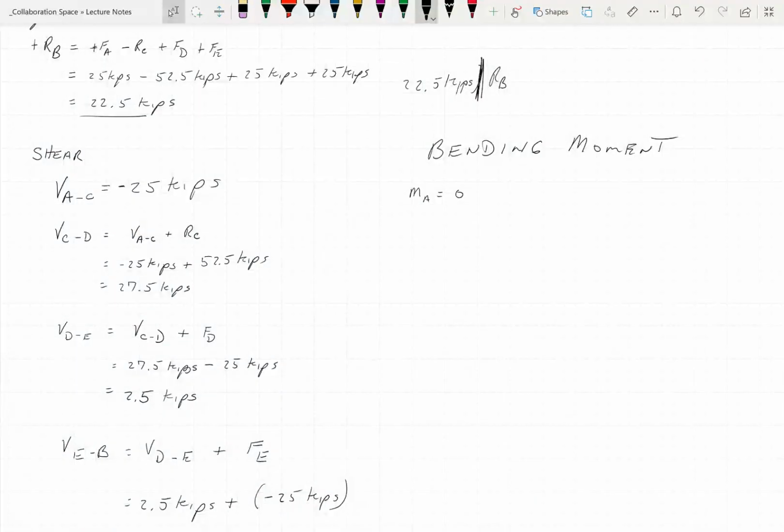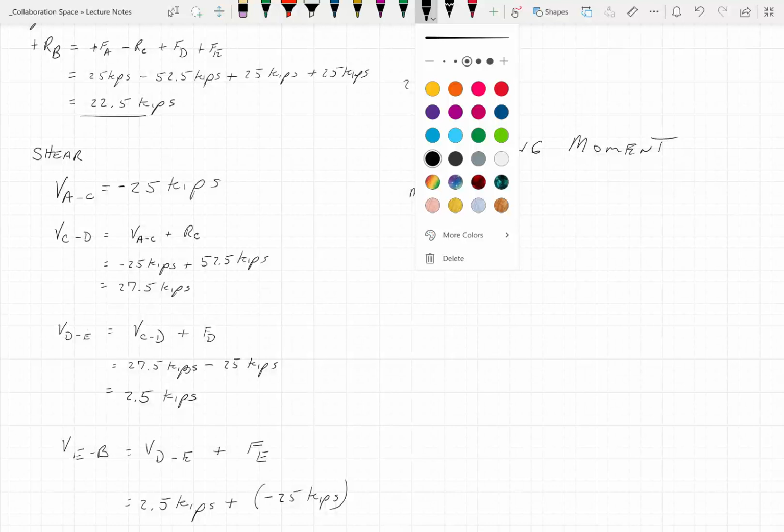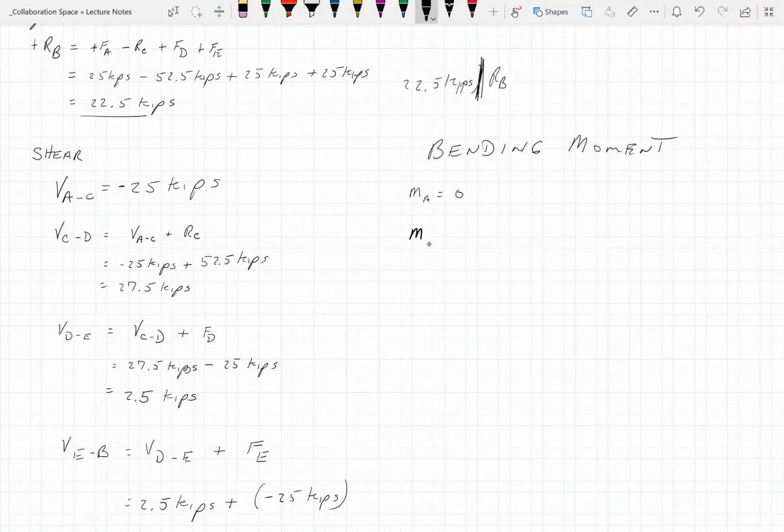The moment now at C is going to be, and we went with counterclockwise, so we'll stick with that. 0, and that's going to be equal to the V at A times 1 foot, correct? Plus the moment at C. Actually, I'm going to get rid of that equal sign for a minute.